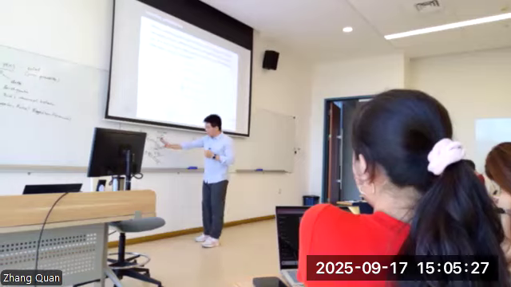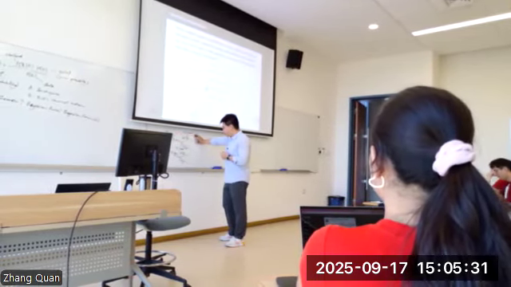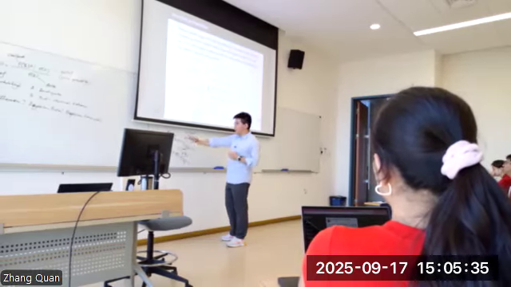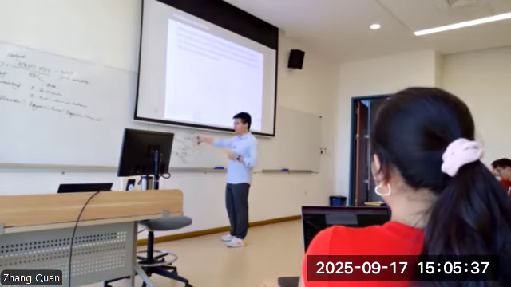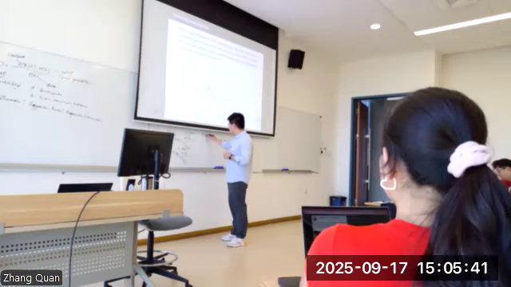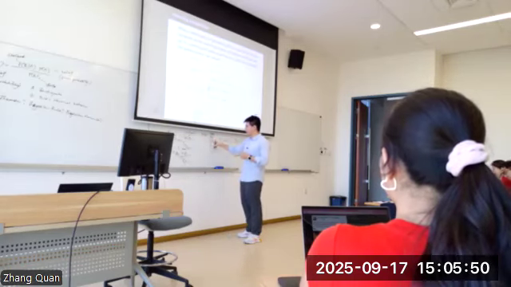So we have the marginal probability and the conditional probability. We can definitely use the definition of conditional probability to get the joint probability, so we just multiply these two.